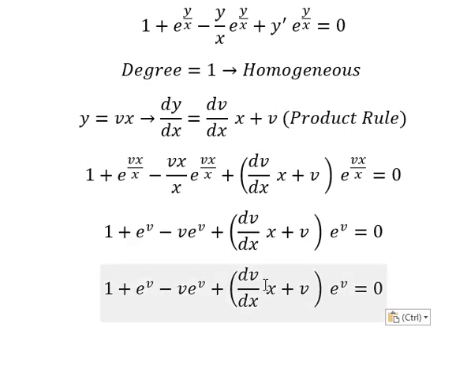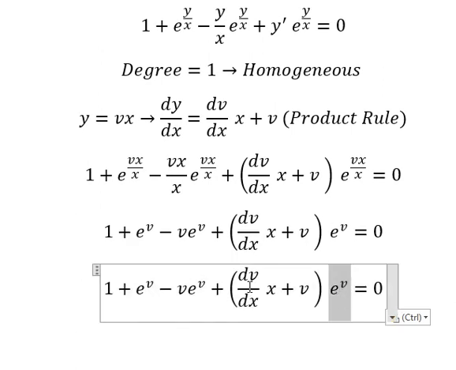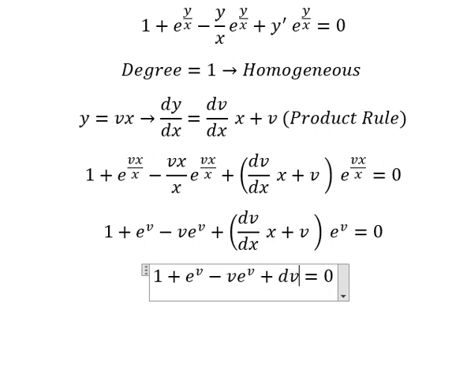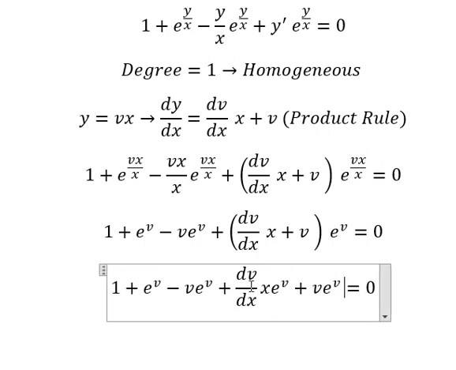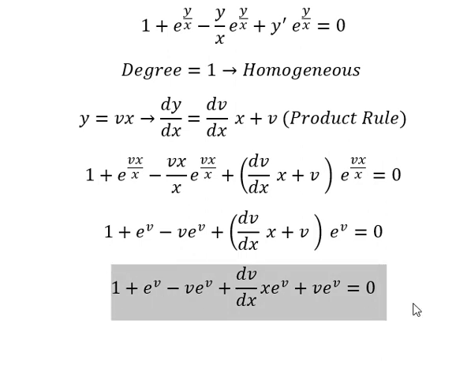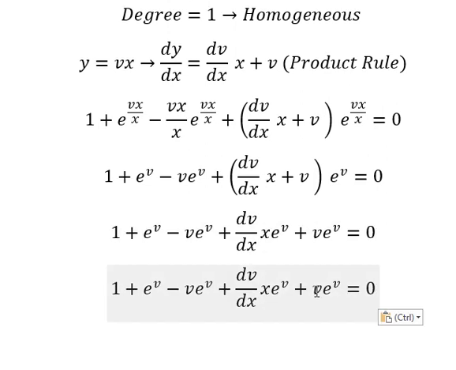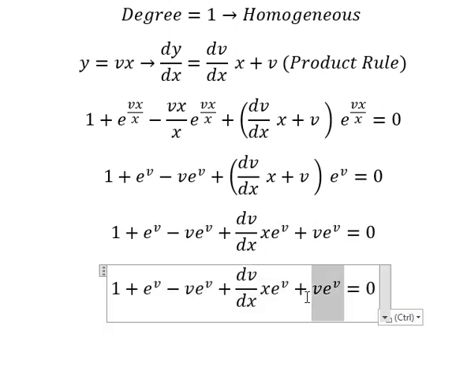Next, this one multiplied by this one and we have like this. So we need to simplify v e to the power of v.